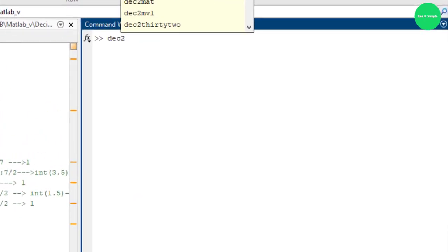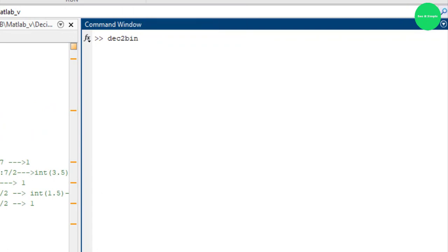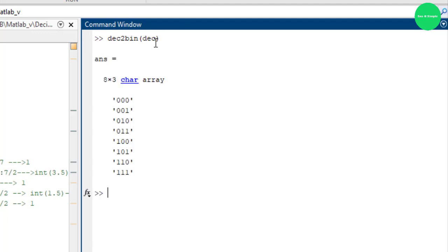To binary, we can get that. Let's see what happened. This is when we use the built-in function, this is the order they give. It's a char array.